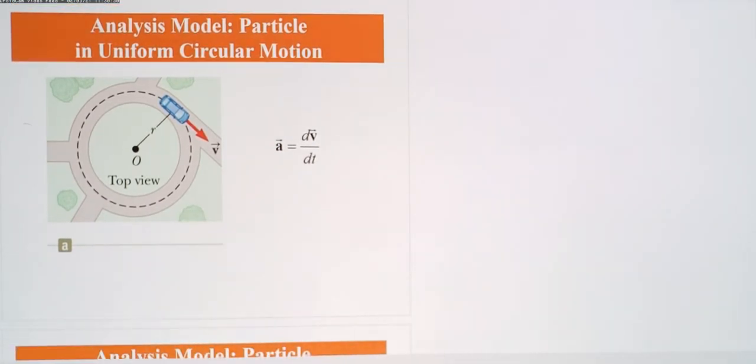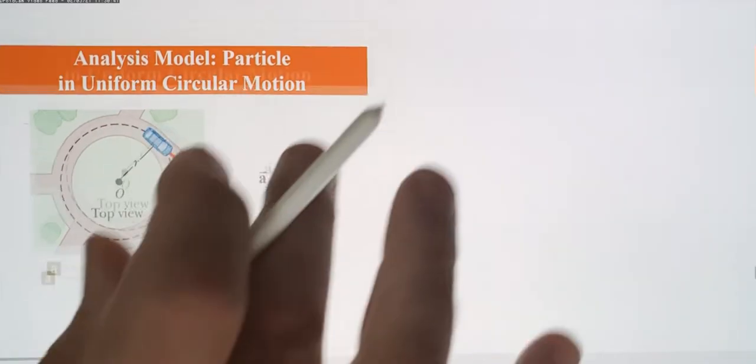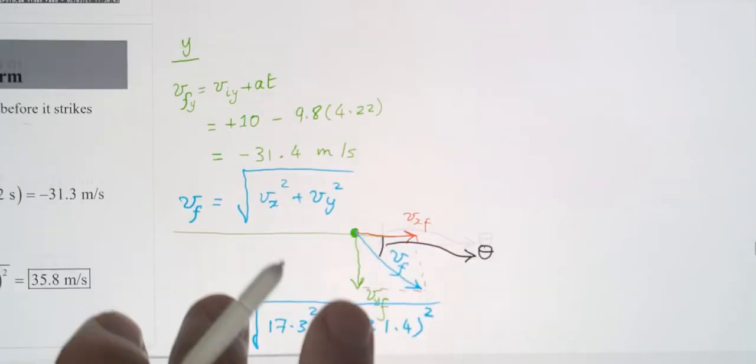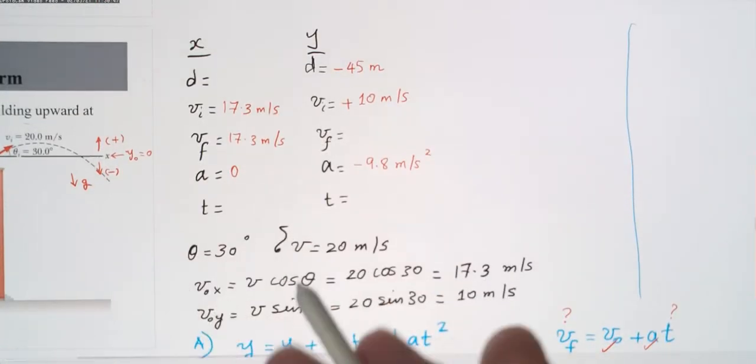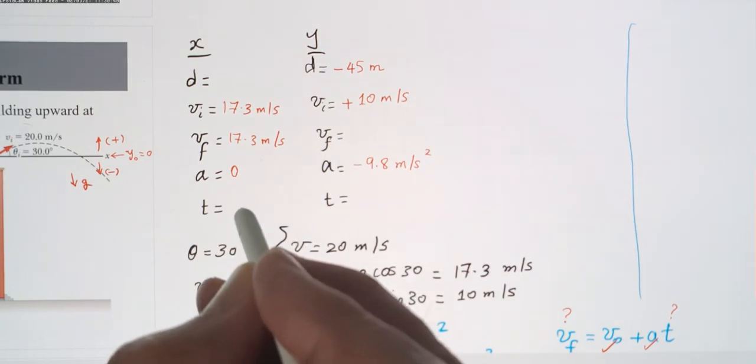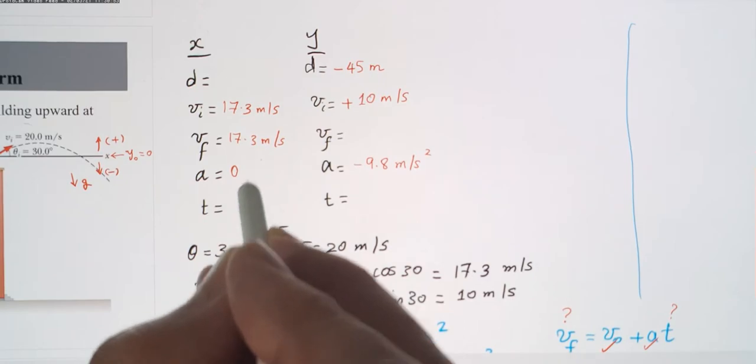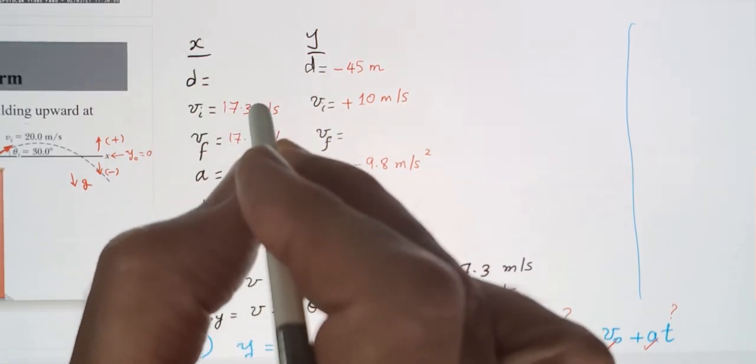Okay, now how do you do it in this problem? Well, here's the range. We know the time now, correct? You multiply it by the x component.